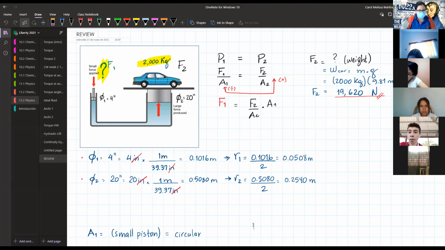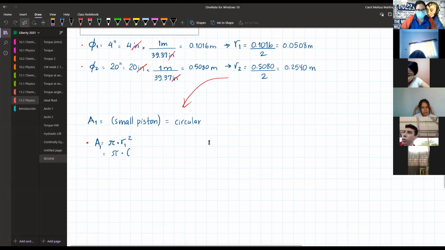Now, knowing the radius, okay, you can get these areas. So we're going to get area 1, which is the small piston. You have the formula, pi times radius 1 to the second power. So this is pi times the radius 1, that is 0.0508 meters to the second power.